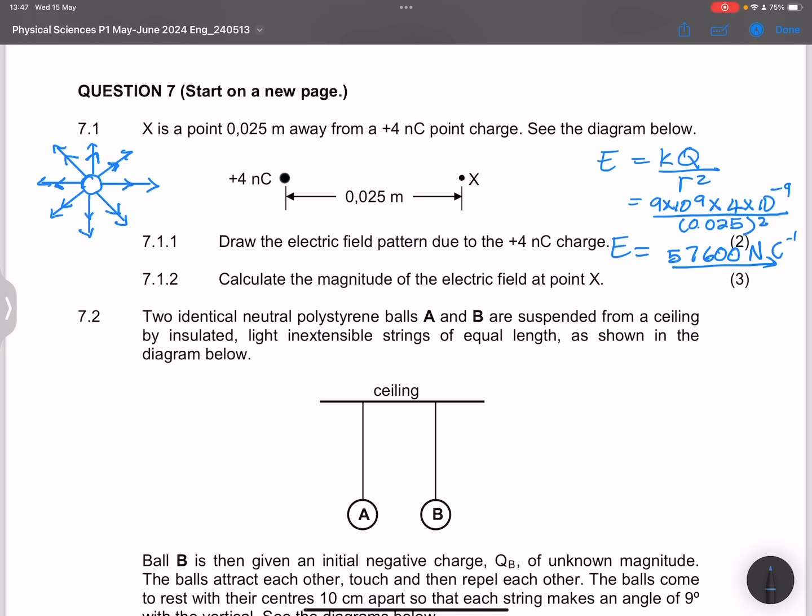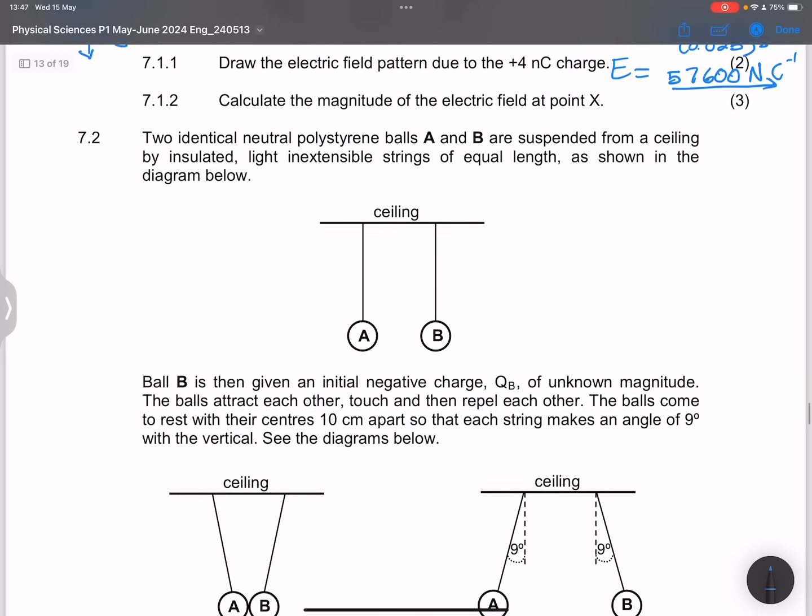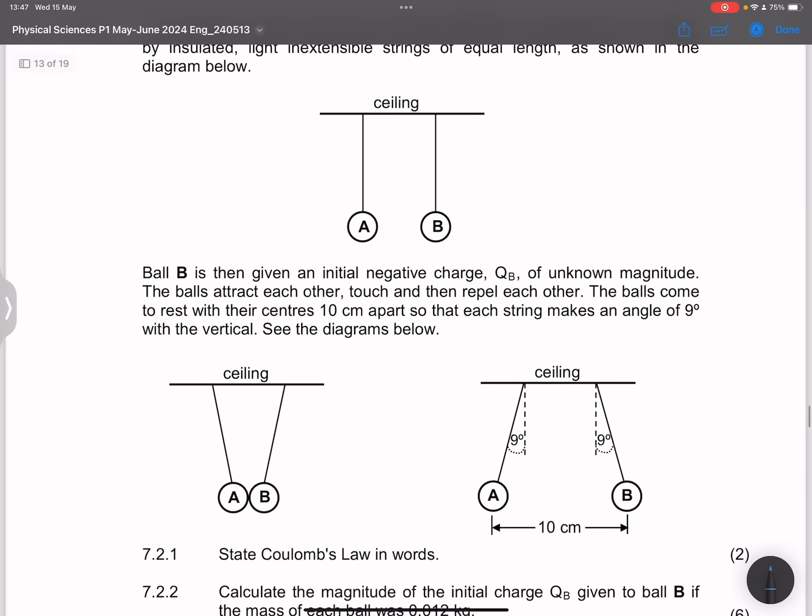Right, next question. They say two identical neutral polystyrene balls, A and B, are suspended from a ceiling by insulated light inextensible strings of equal length, as shown in the diagram below. Now they say ball B is given an initial negative charge of unknown magnitude.